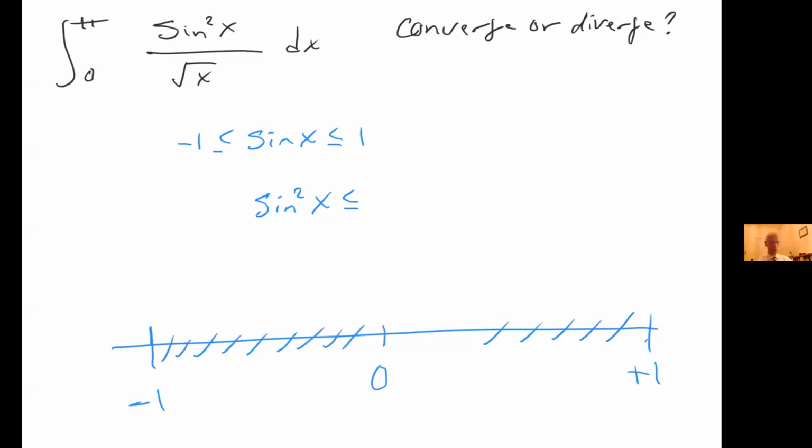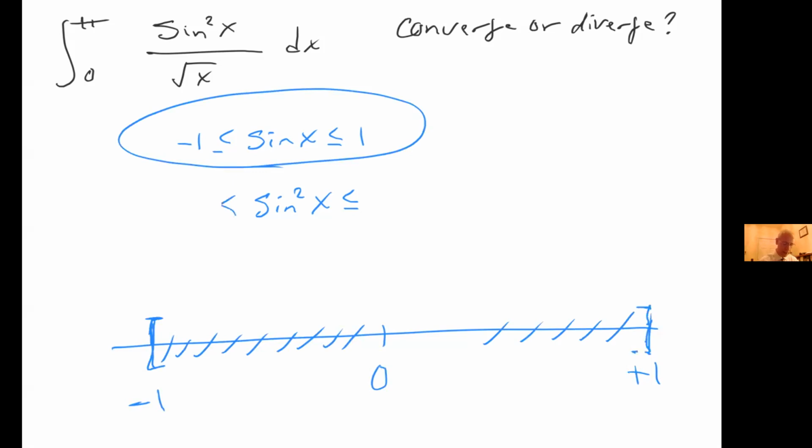The value of sine of x is between -1 and +1. For the sine squared, take all these values to the left of 0, let's say -1/2. -1/2 times -1/2 is +1/4, so it becomes positive.